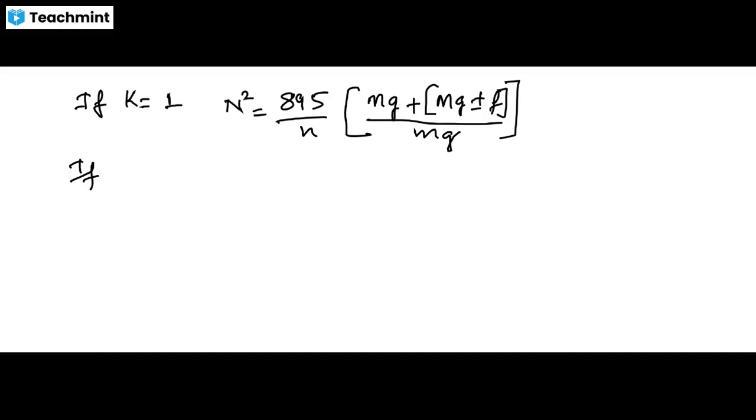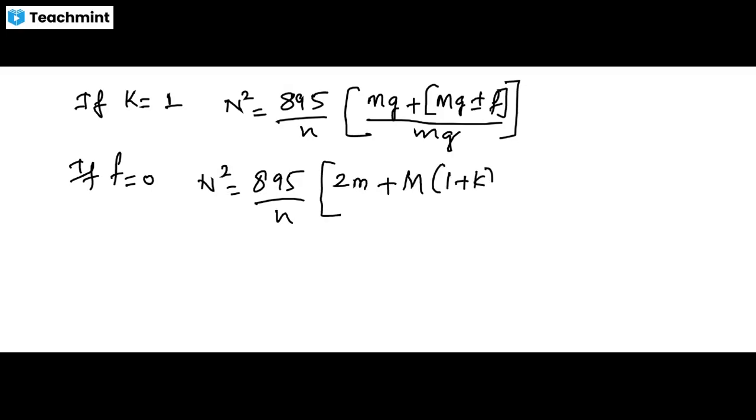If f equals 0, N square equals 895 divided by h, in bracket 2m plus capital M, in bracket 1 plus k divided by 2m.